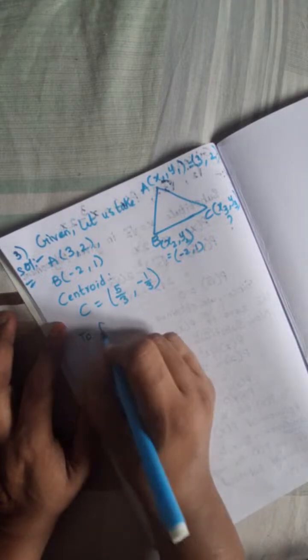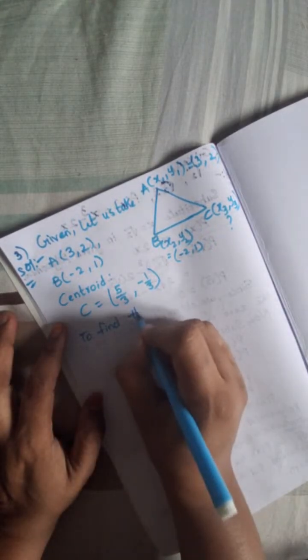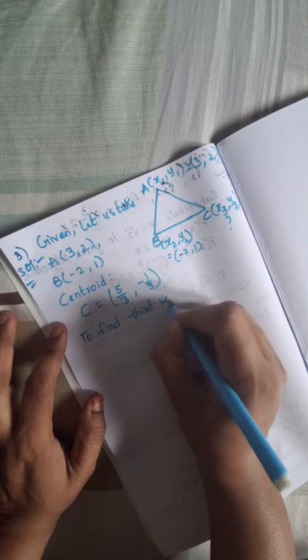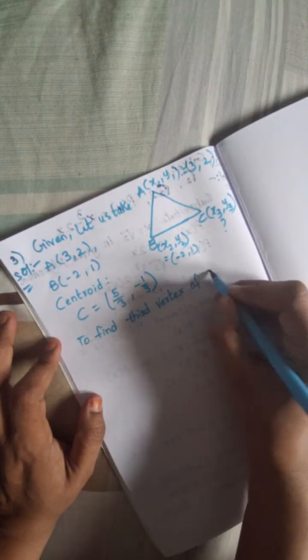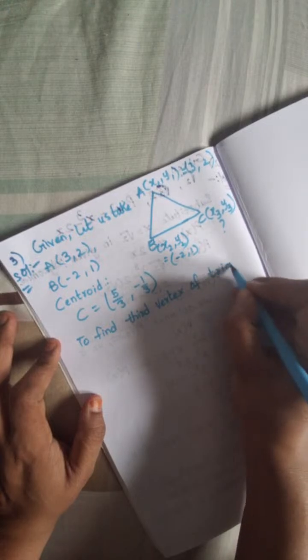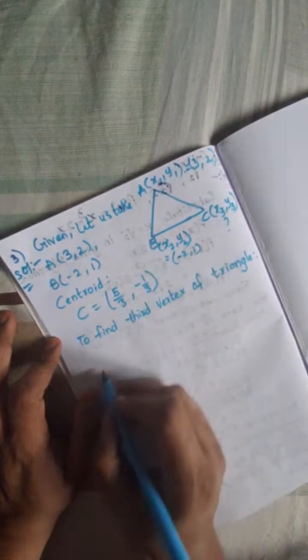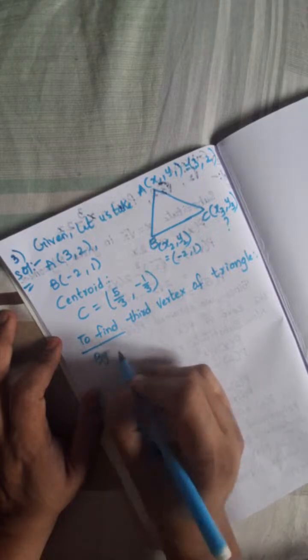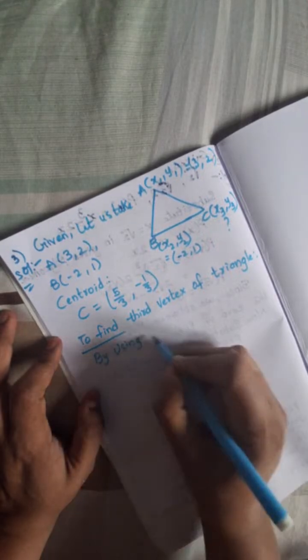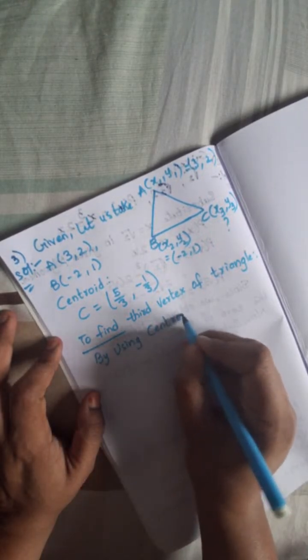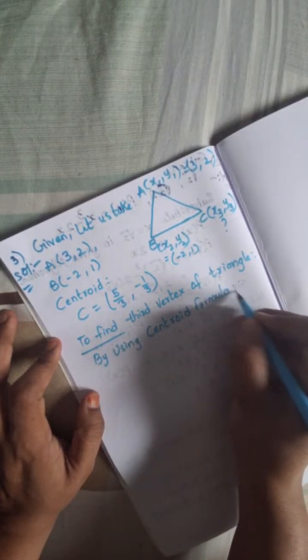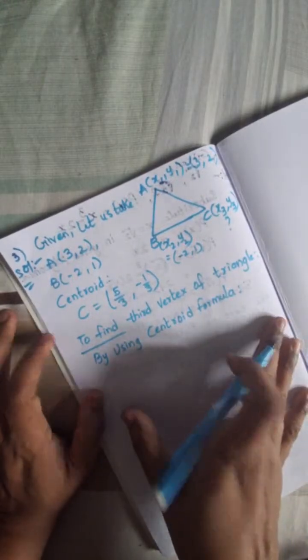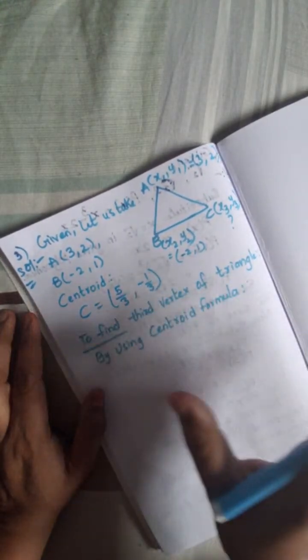To find the third vertex of the triangle, we use the centroid formula. Children, what is the centroid formula? Before doing problems in each chapter, we have to be perfect in formulas.